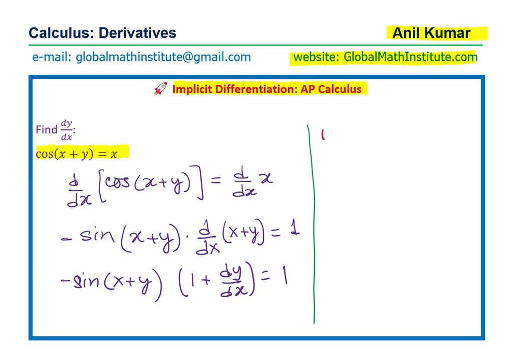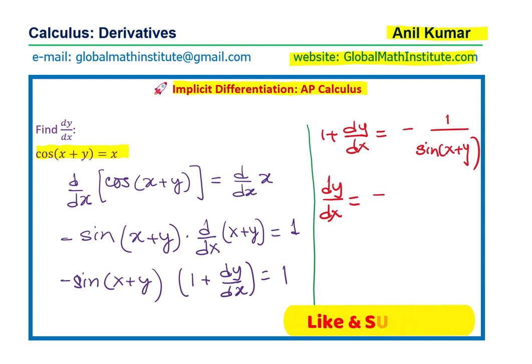So we can write this as 1 plus dy/dx equal to minus 1 over sine of (x plus y). Taking away 1, we get dy/dx equals minus cosecant (x plus y) minus 1, and that becomes the derivative of the given function.